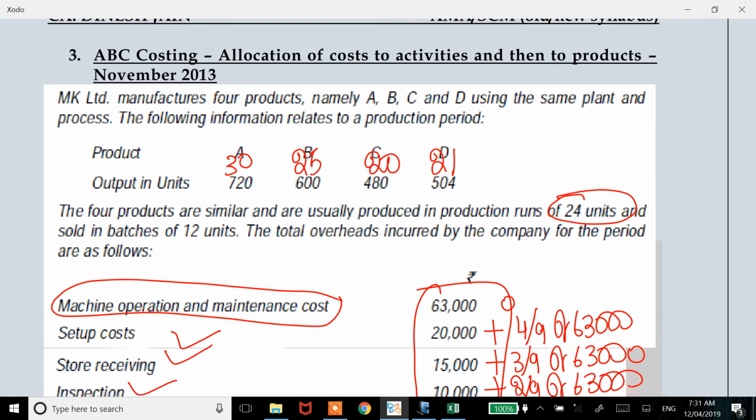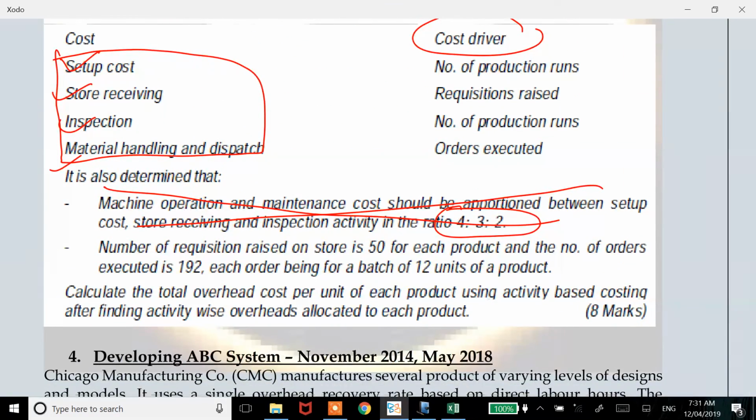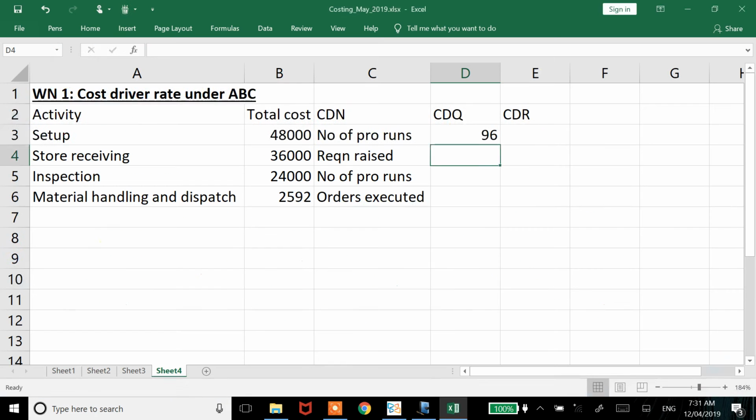Store receiving, how many requisitions are there? Number of requisitions raised on store is 50 for each product. We have 4 products, so there are totally 200 requisitions. Again 96 production runs.